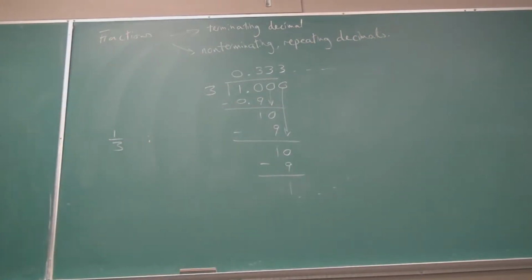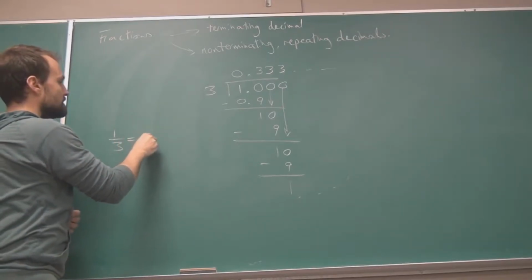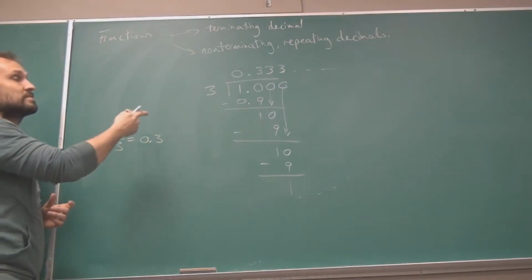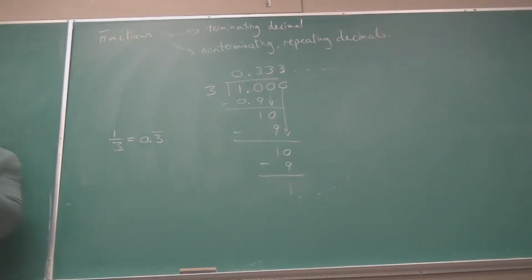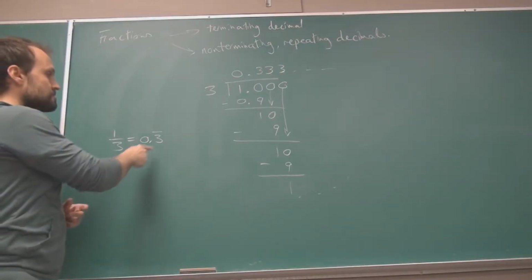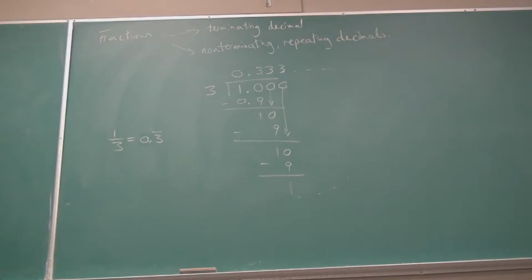That, yes, they never end, but there's a pattern, and once I find the pattern, I can write this as soon as I have a portion that repeats. In this case the 3 repeats forever, I'll put a line over it. Some people use a dot. Oh, the dot's a little, a line's a little better. To say that portion gets repeated forever, so I don't have to keep writing 3's with dots or anything like that. That's a little more precise. So fractions can be one of those 2 things.